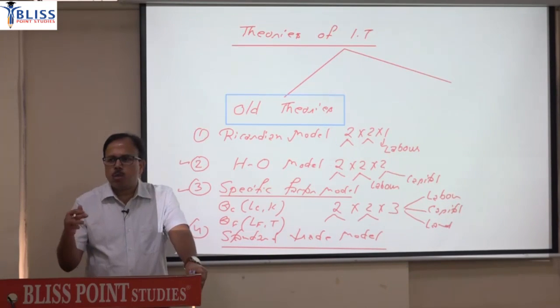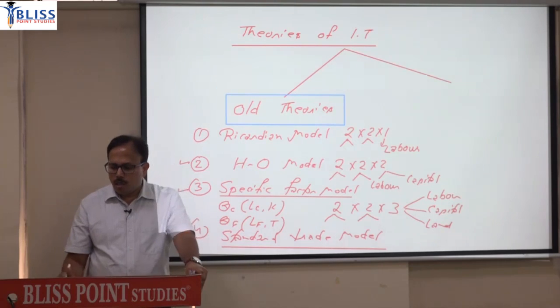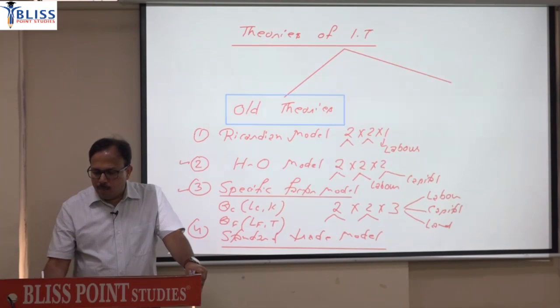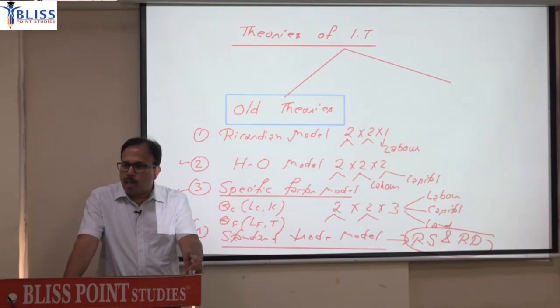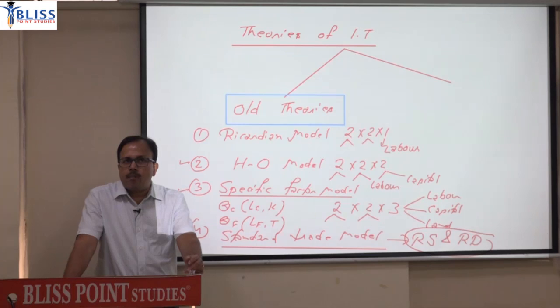So it will be again a 2 by 2 by 2 model. But this standard trade model will apply the concept of relative supply and relative demand. The main point will be this: by using world relative supply and world relative demand, we will explain trade. And what is the effect of import tariff? What is the effect of export subsidy?